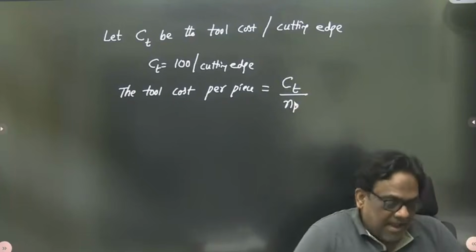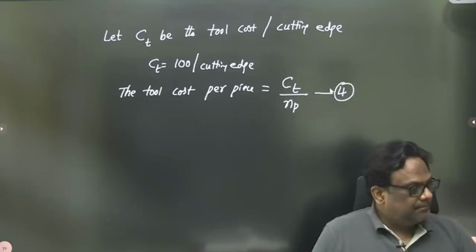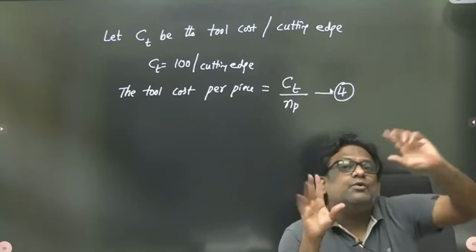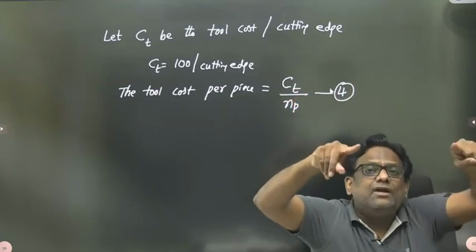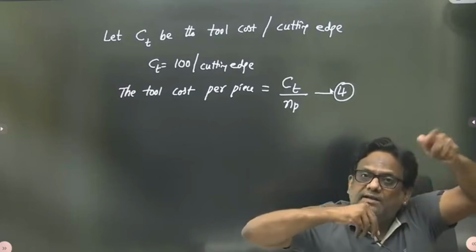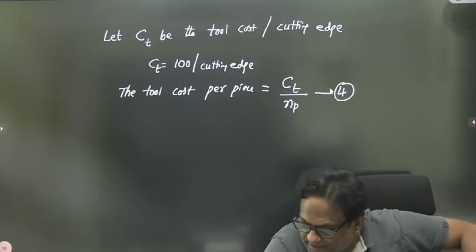Give a clap, is it clear? I should do this. This is the fourth one. So for one edge he has given, with that edge you can manufacture n pieces. Therefore if you want the grinding cost or tool resharpening cost, you should divide with the number of pieces. Did you understand, sir?